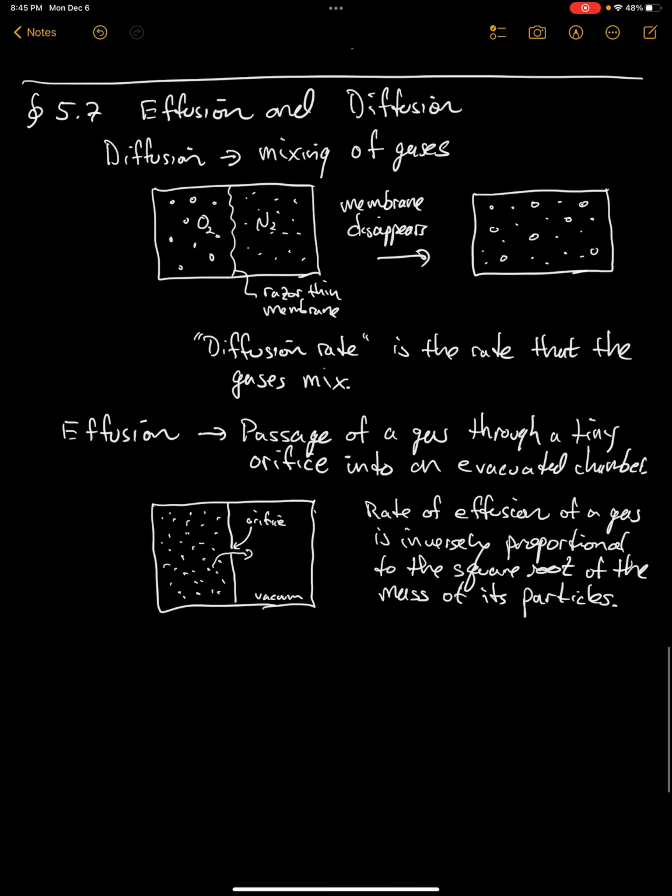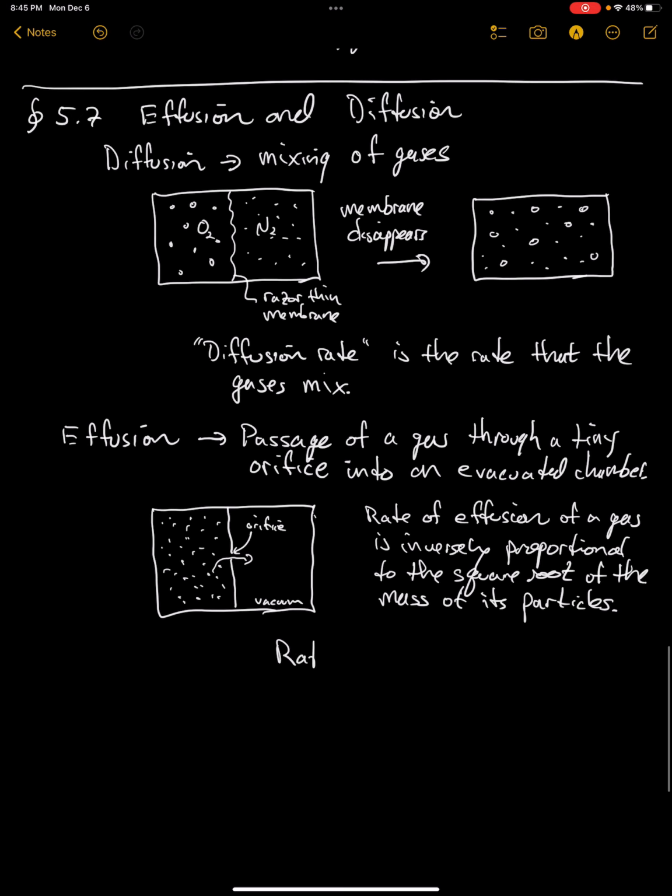In other words, we can say that the rate of effusion is equal to 1 all over the square root of big M, inversely proportional to the square root of the mass of its particles, which is basically the molar mass.